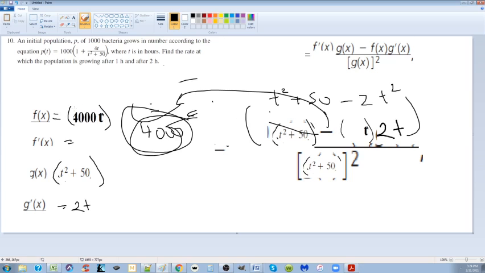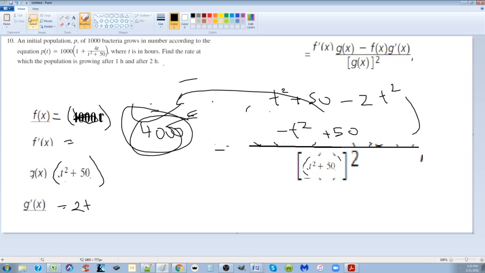Since I've changed this to just t, yeah, that makes sense. Yep, all that makes sense. Good. Now, let's just leave the denominator the way it is. So when I subtract t squared from minus 2t squared, I get minus t squared, and it's plus 50. And that makes perfect sense.